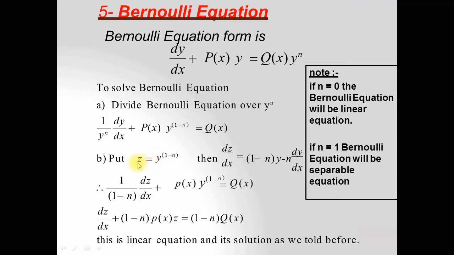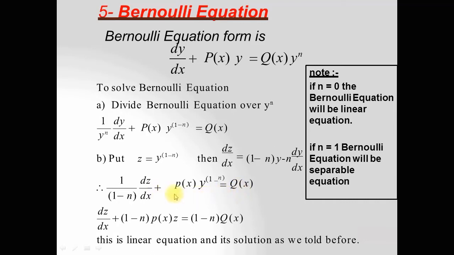Then taking the derivative of z with respect to x, dz by dx is equal to (1 minus n) y power minus n dy by dx. Find the value of dy by dx from this expression and put it in this equation, we obtain 1 over (1 minus n) dz by dx plus P(x) y power 1 minus n equal to Q(x).